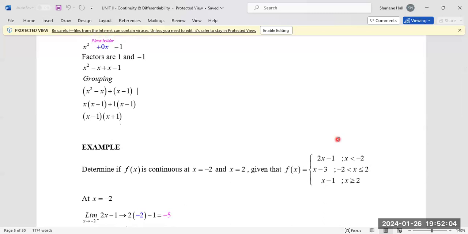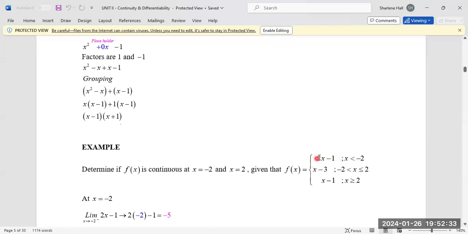I'm going to go as slow as possible so you can understand the first example, and I will leave you to do the second example and guide you accordingly. Watch me. It says determine if f of x is continuous at x equals -2 and x equals +2, given that f of x is 2x minus 1, such that x is less than -2.